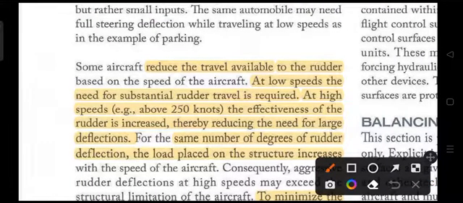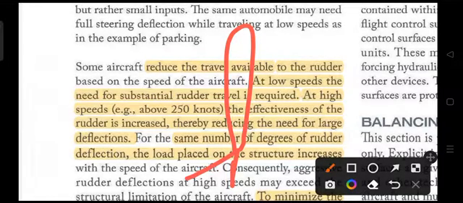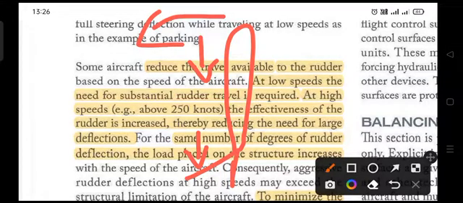Means, if this is your fuselage, this is your rudder, let's say, and you are deflecting it to that much angle. During low speed it is okay, because whatever load is imposed on this structure will be less, so you will get the desired movement on the left side, no problem.